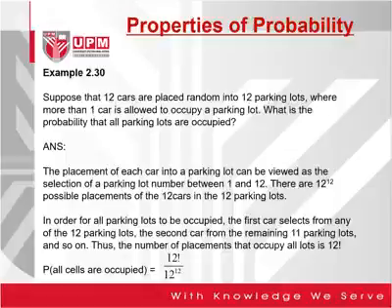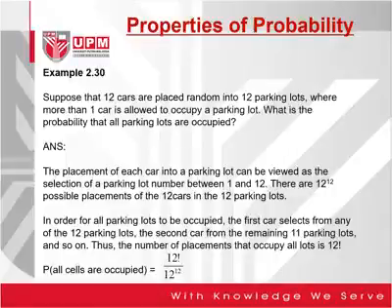But this is something special. So you have 12 cars and you want to park them in 12 parking lots, but you are allowed to park more than one car in the same parking lot. The question asks, what is the probability that all parking lots are occupied?